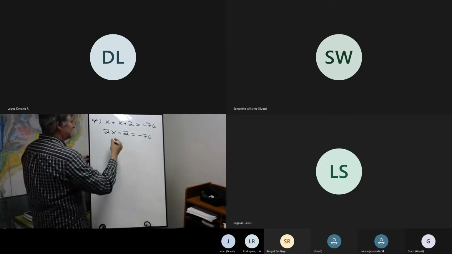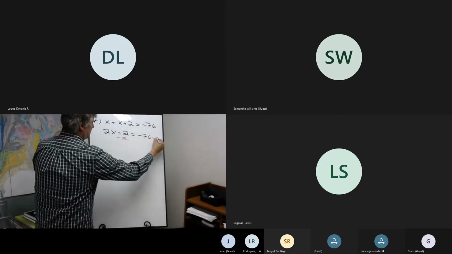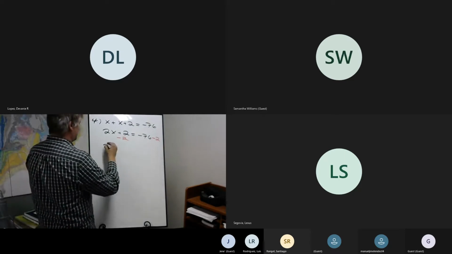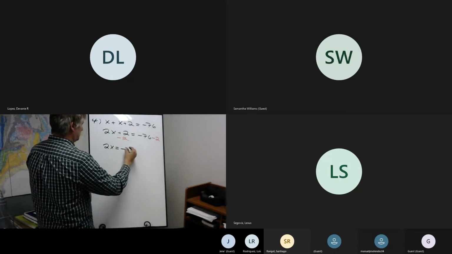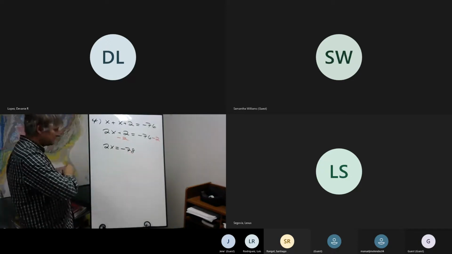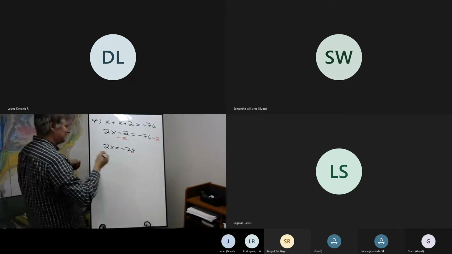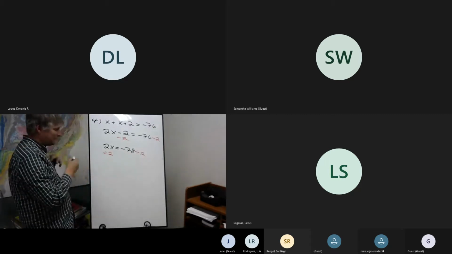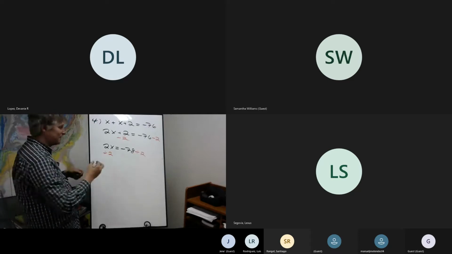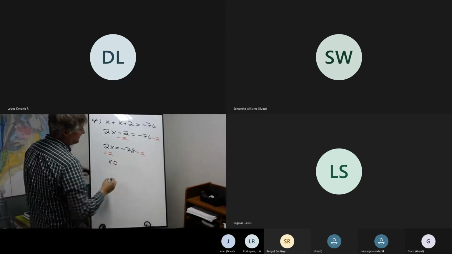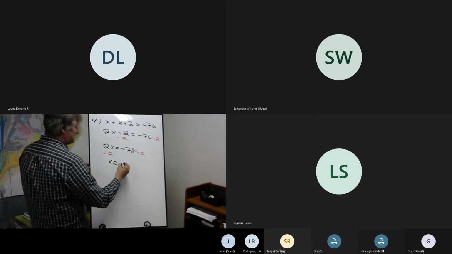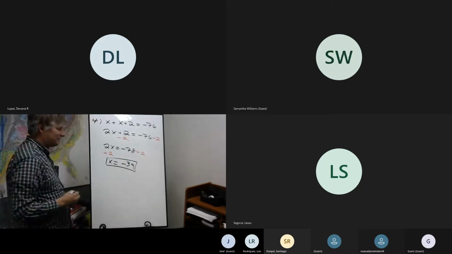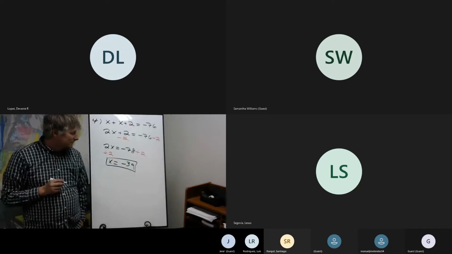Subtract 2 from both sides. Divide by 2. And we get our starting integer. So negative 78 divided by 2, that's going to be negative 39. And that's going to be our starting integer.